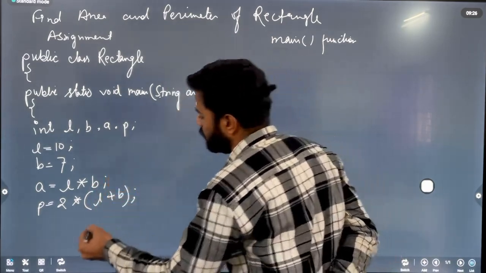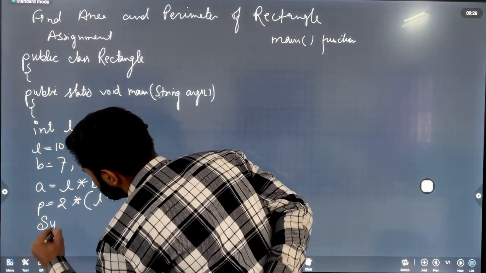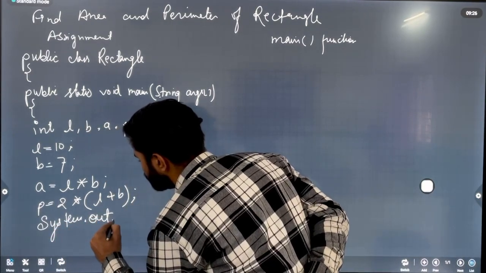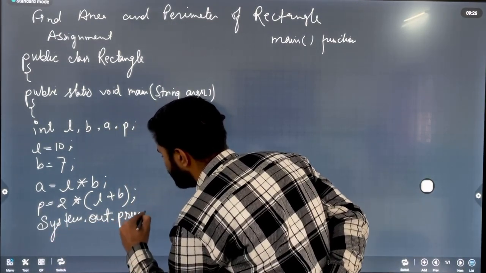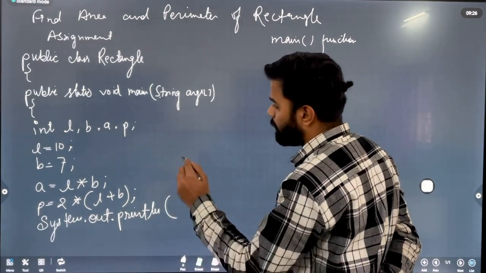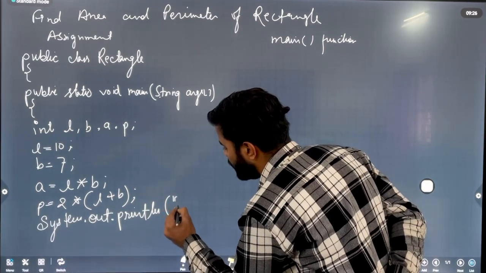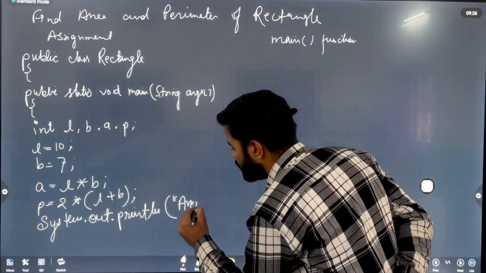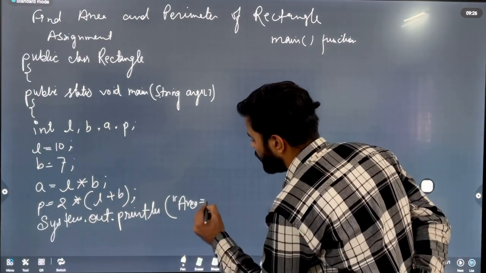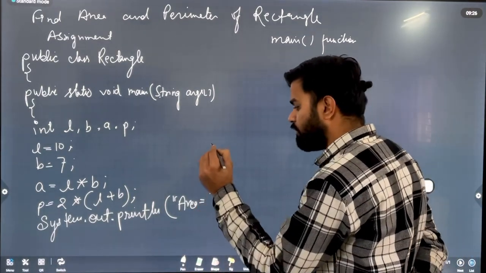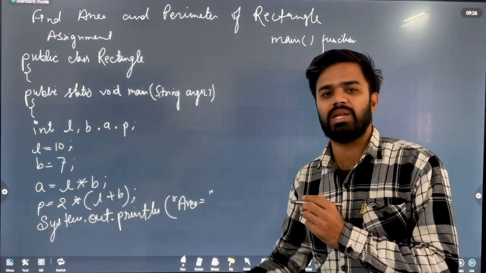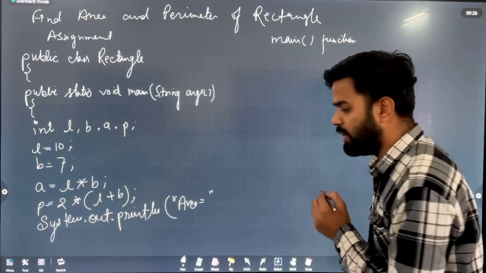Now we will print the values. So we will write System.out.println, and then we will print area. First we print a message, "Area is equal to", an appropriate message. Now "Area is equal to" with double quotes closed. We all know whatever we write in double quotes will print as a message on our output screen.